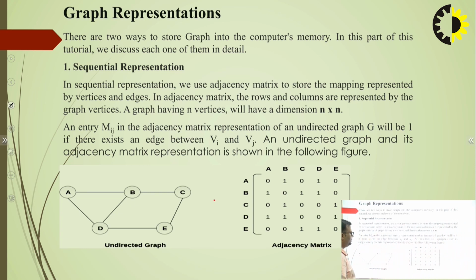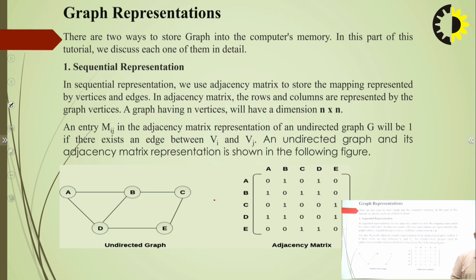Okay, so we can say that in a sequential representation we use an adjacency matrix to store the mapping represented by vertices and edges. In an adjacency matrix, the rows and columns are represented by the graph vertices. A graph having n vertices will have dimensions n cross n.